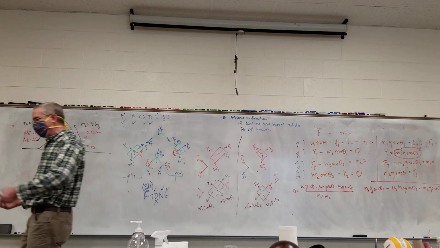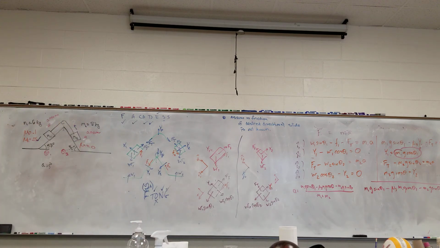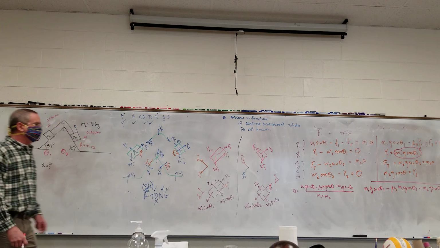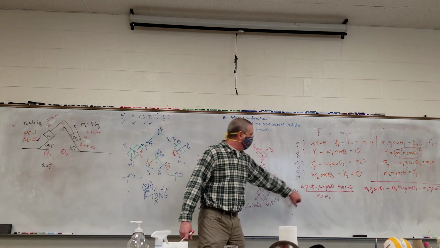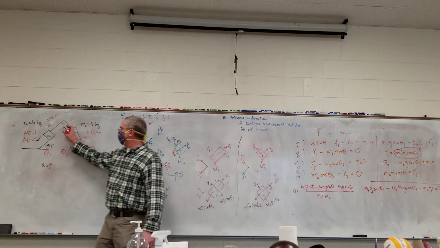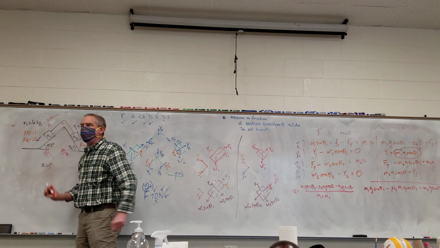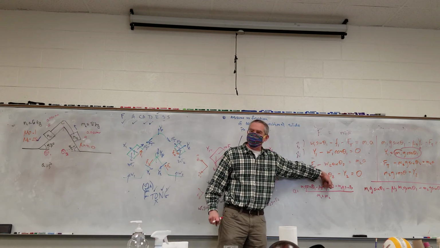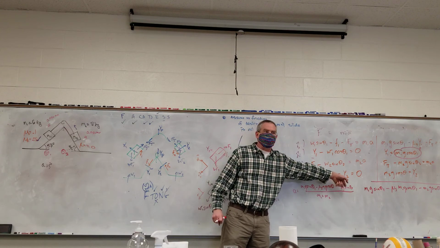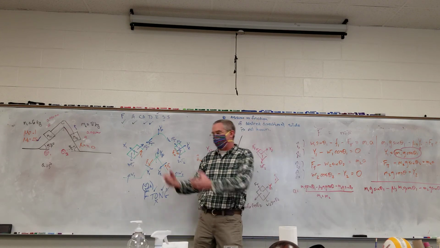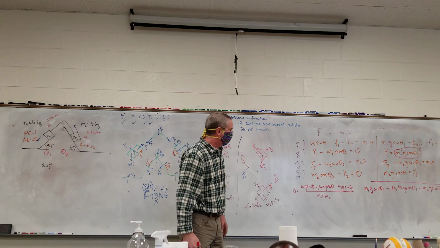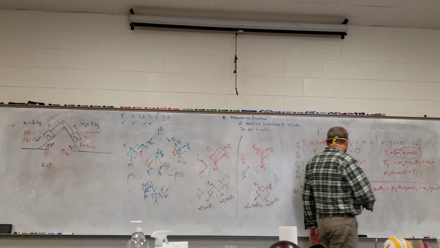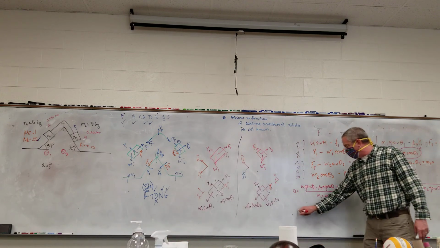In essence, this is still force divided by mass. I have M1G sine theta 1 trying to move the whole system in the direction we know it wants to go. And then I have two things holding it back. I have friction, and I have the component of the weight of mass 2 trying to pull it back. So now we plug and chug.